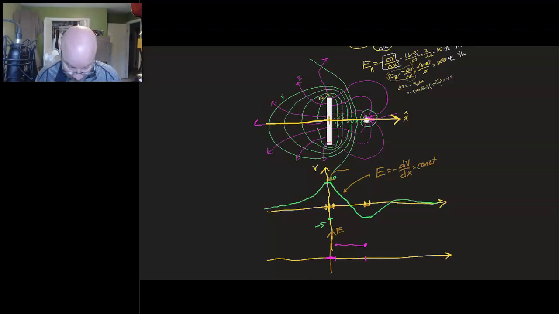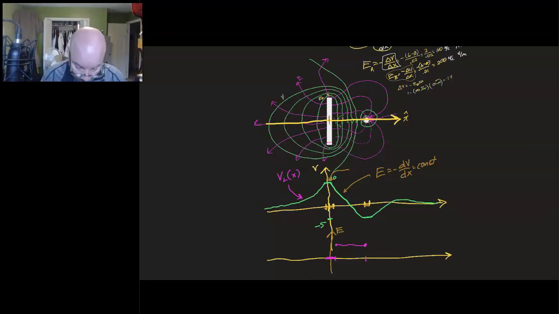Now, if we keep going to the left on the other side of the bar, we don't actually have a function for this. Let me call it V left. We don't have a function for that, but if we did, we could just take its derivative. You can see it's going to drop off, boom.